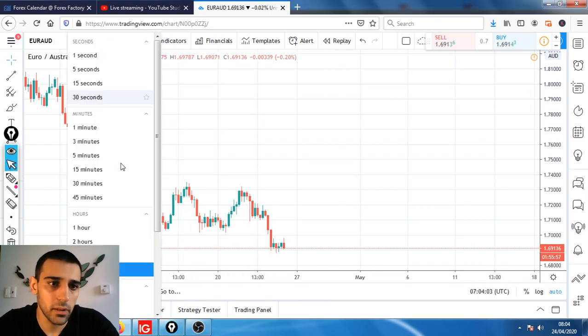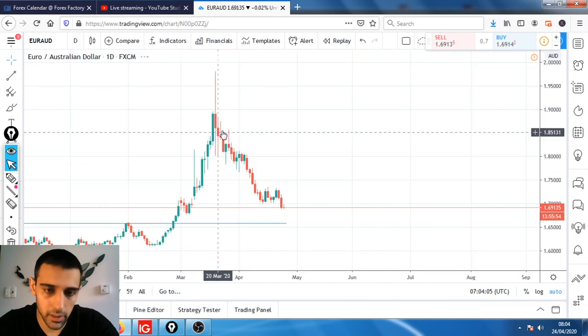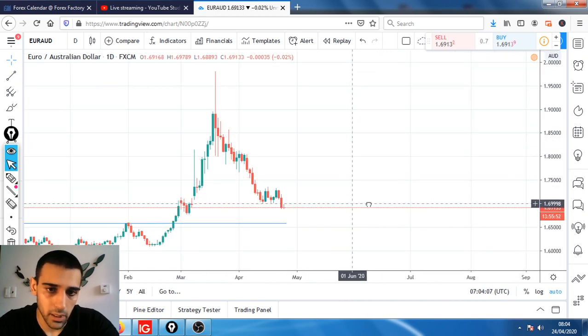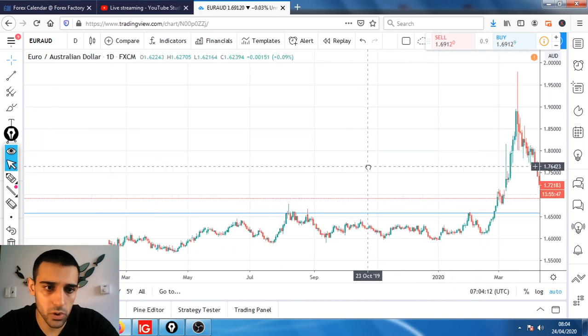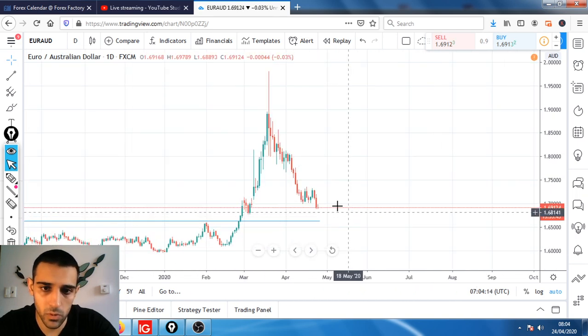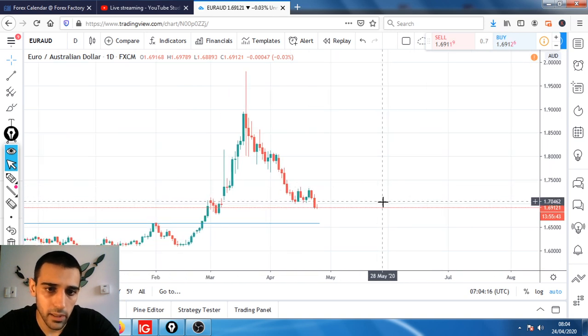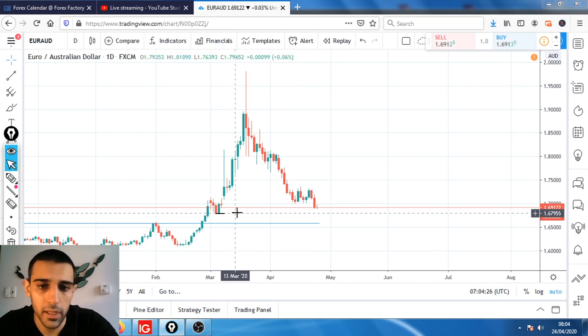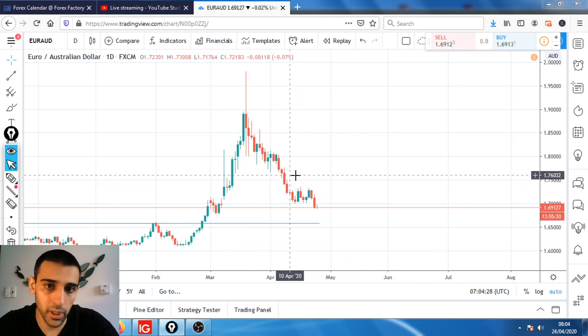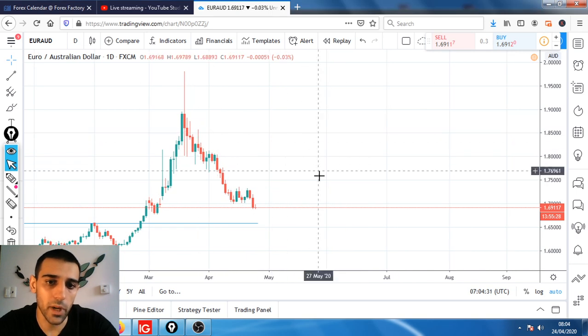Let me have a look at the daily time frame, because daily did look pretty good, and I don't see much strong support that the price wants to hang on to. It might be this area, but it does not look as strong as, let's say, down to this area. So let's see what the price is going to do.